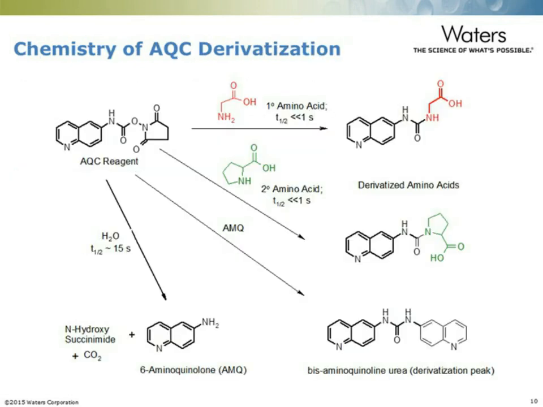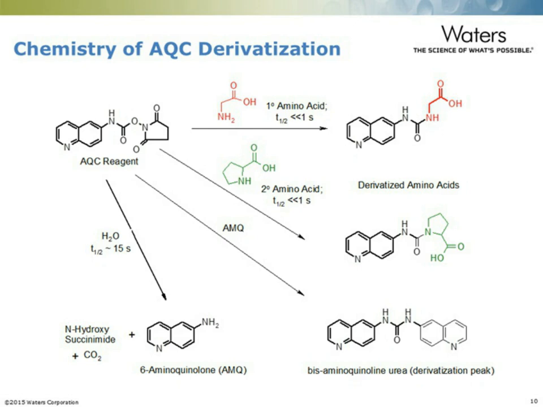The method that we develop is based on the AccuTag derivatization chemistry. The AQC reagent reacts with primary and secondary amino acids to give the same derivative with very nearly the same extinction coefficient. The excess reagent reacts with water very quickly to give aminoquinoline and then hydroxysuccinimide, byproducts that do not interfere with the separation.